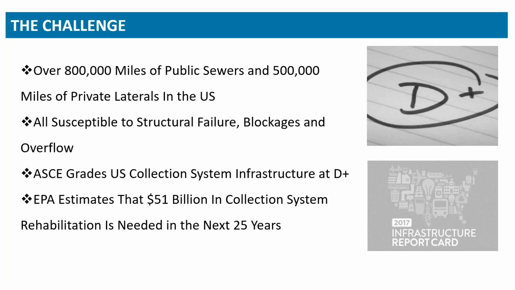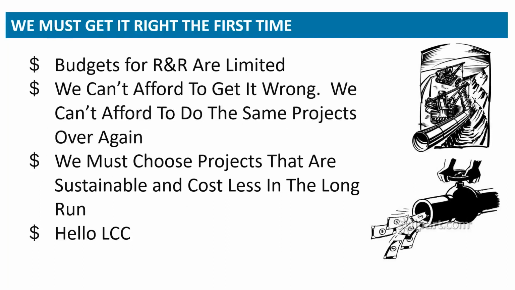With all those issues, the state of our collection system, the D+ says ASCE, and that's $51 billion in collection system rehab needed in the next 25 years. So that's why we've got to get it right the first time, because these budgets for repair and replacement are limited, and you just can't afford to get it wrong and have to do it again.